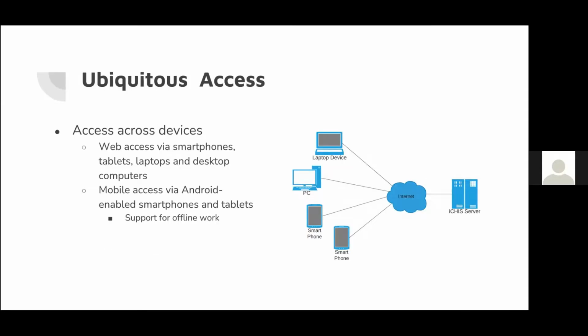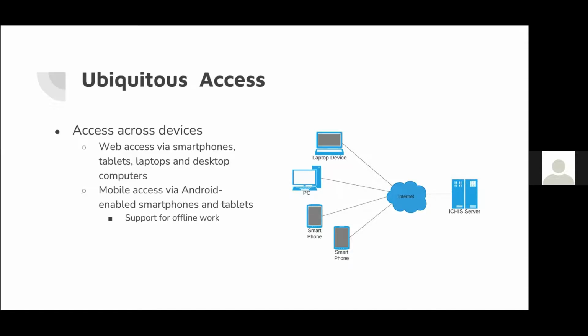With the integrated community health system, because of the way it has been designed and the devices being used, we are able to provide ubiquitous access. You can access it via web on smartphones, tablets, laptops, or desktop computers.